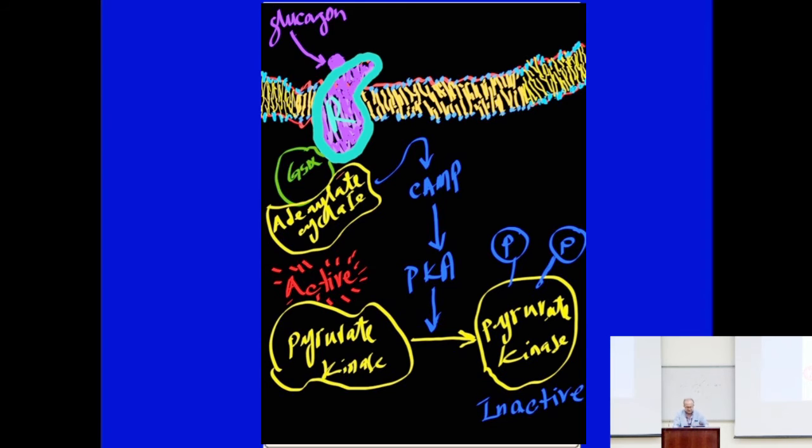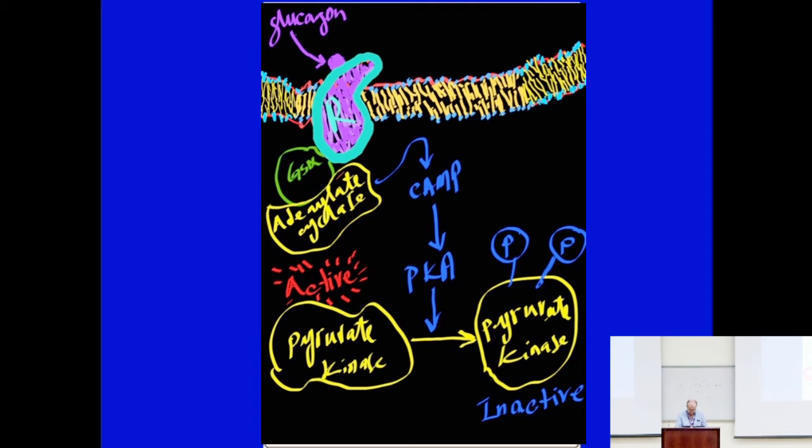So by looking at that, you should say the enzyme is inactive when glucagon is high. Typically, glucagon is high when blood glucose is low. Okay? So the reverse would be true. The enzyme would be active when you dephosphorylate it back to active form, remove the phosphates, and that occurs when glucose is high or insulin is high.